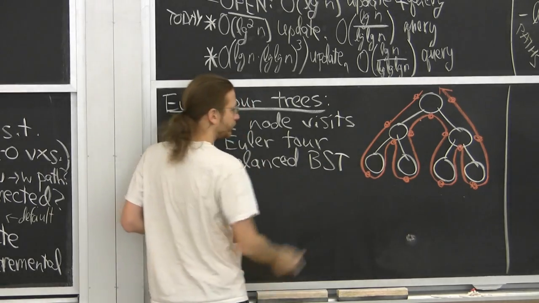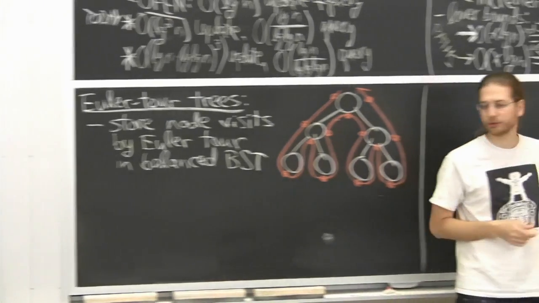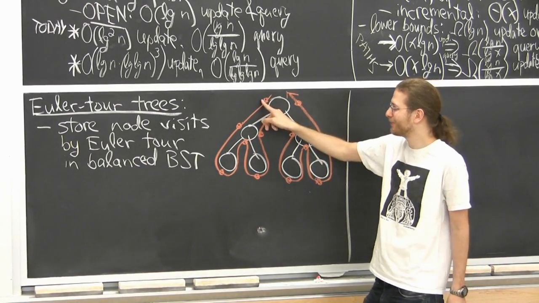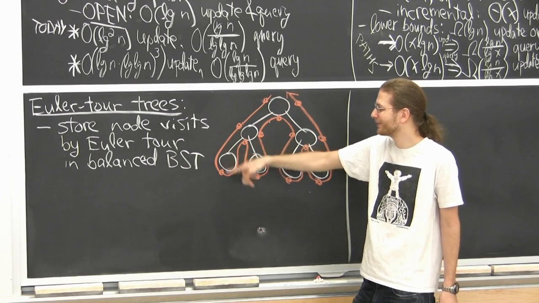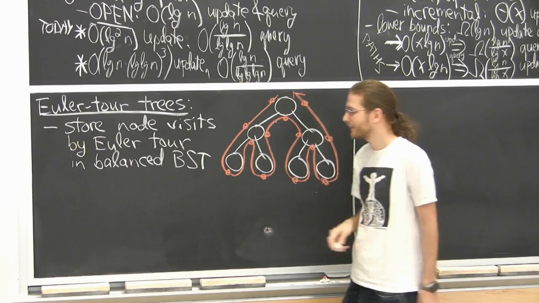What's the order? We're storing them in order by the order that the Euler tour visits them. So this will be the leftmost, the min in the tree. This will be next, and then next. If you do an in-order traversal of the tree, you should get the visits in this order.